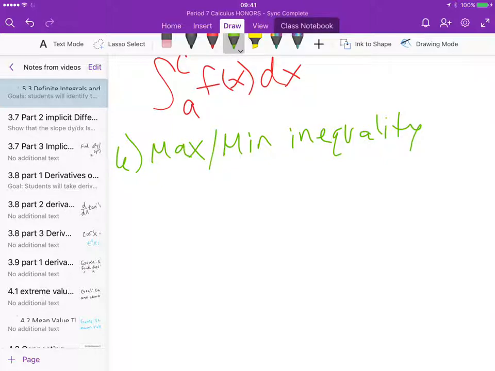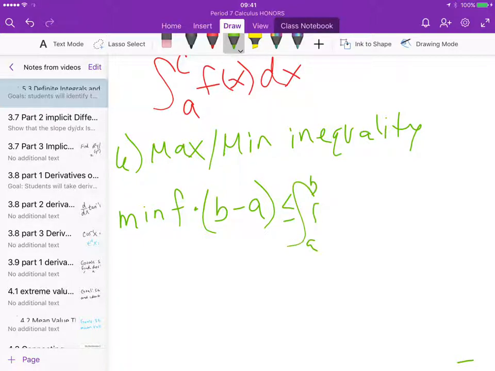So max or min: the minimum of f times b minus a, we're still in that same interval, a to b, is less than or possibly equal to the integral from a to b of f of x dx, which is less than, obviously, the max of f times b minus a.